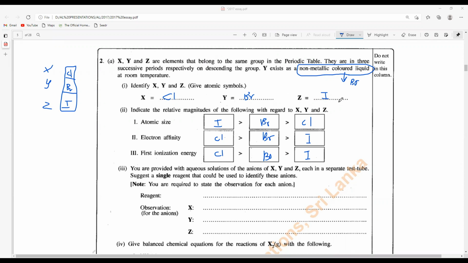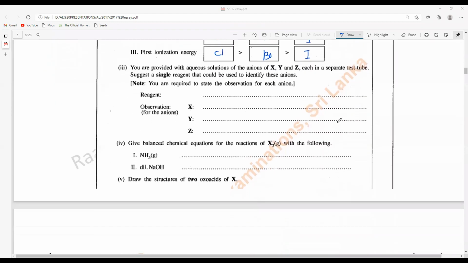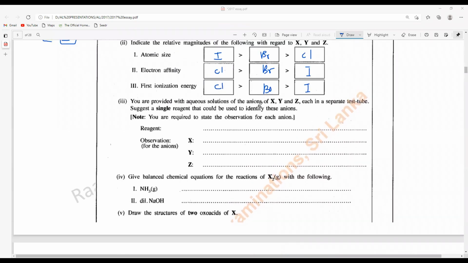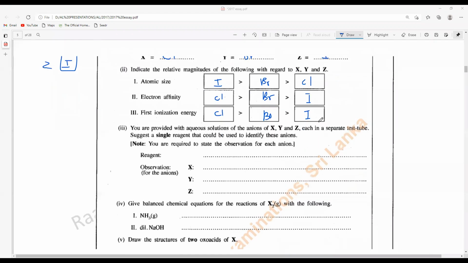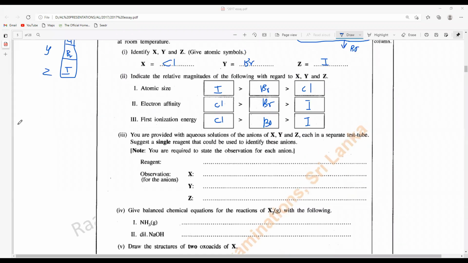So we have found the elements very quickly just from this little statement. You are provided with aqueous solutions of the anions of X, Y, and Z in each separate test tube. So you will have separate test tubes, no problem with contamination. Suggest a single reagent that could be used to identify them. The single reagent that you can use is AgNO3, silver nitrate.